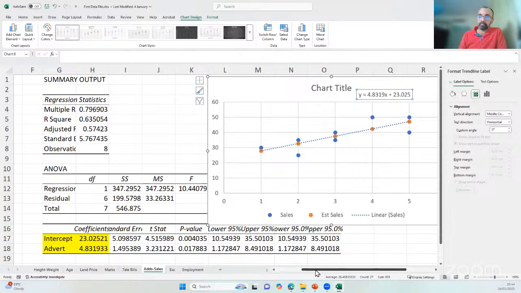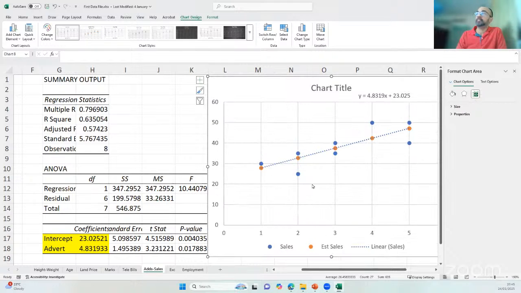Then for these advertisement expenditures, the sales should have been on these orange dots. Hope you understand that. Because nothing else affected, the theoretical value is the value they should have had. Okay, assuming this line is the correct line. We have to assume that now because that is the best line we have found.